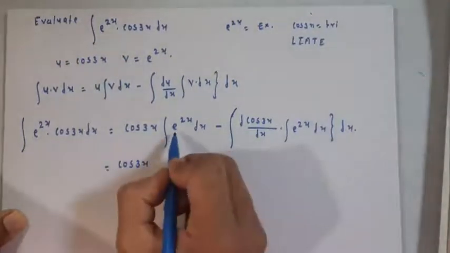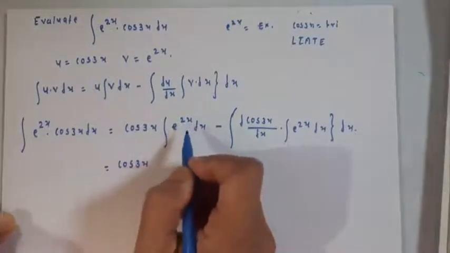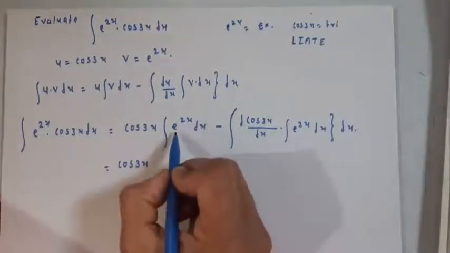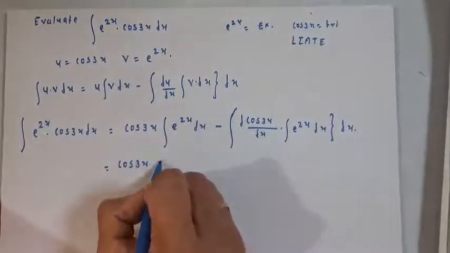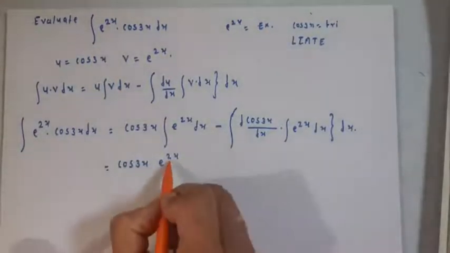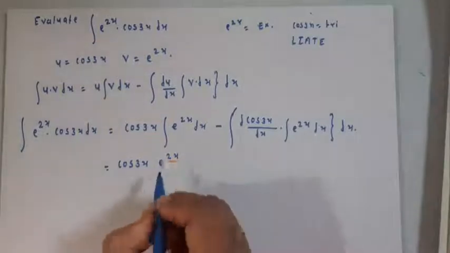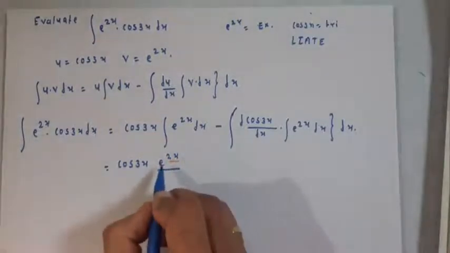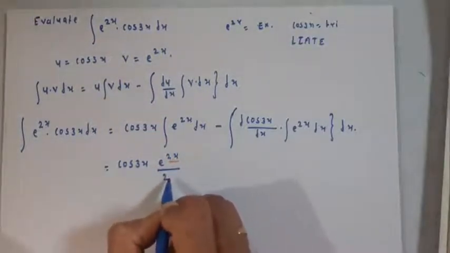So cos of 3x as it is. Now the integration of e raised to x is e raised to x, we know that, and here the integration of e raised to 2x is e raised to 2x, but this 2x is again a differentiable function, its differentiation is 2, and in case of integration we divide by 2.